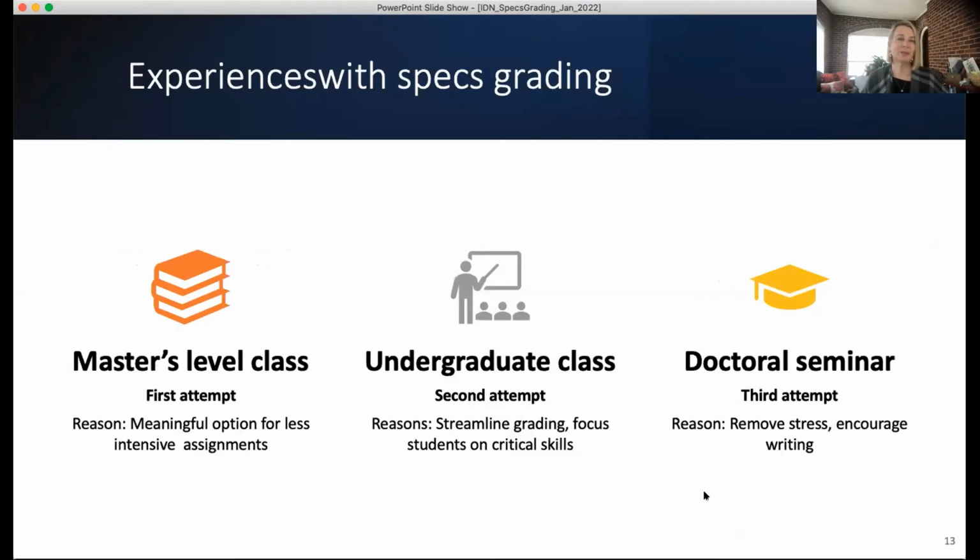So some of my experiences: I started with the master's class. This is a class that has assignments in it, and I'd been teaching the class for years. They require you to go out into the world and have some experiences. So you're taking the concepts that we're learning and trying to see them happening out in the world, mapping the theories onto the real world and writing it all up at the end.